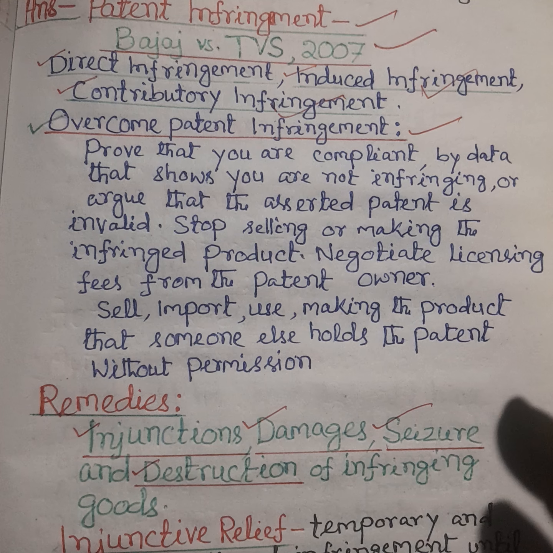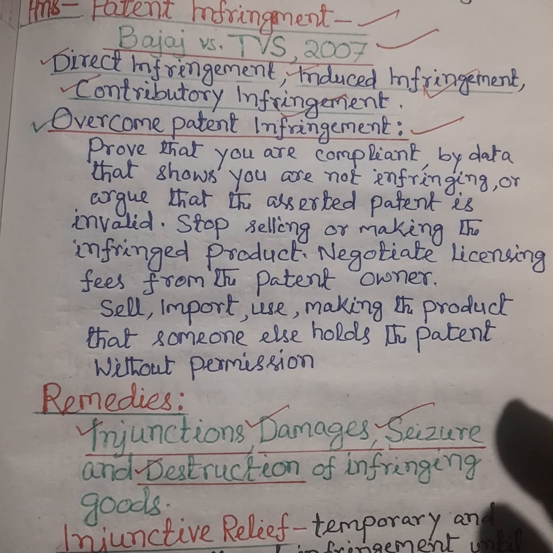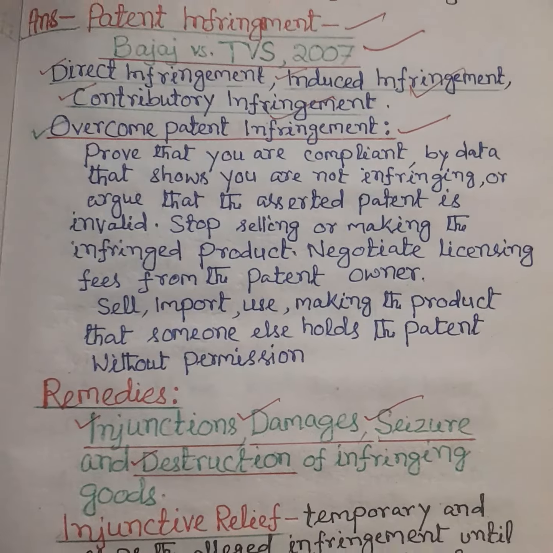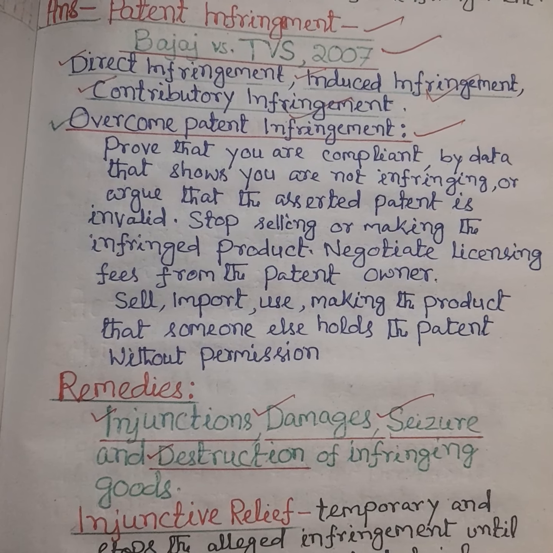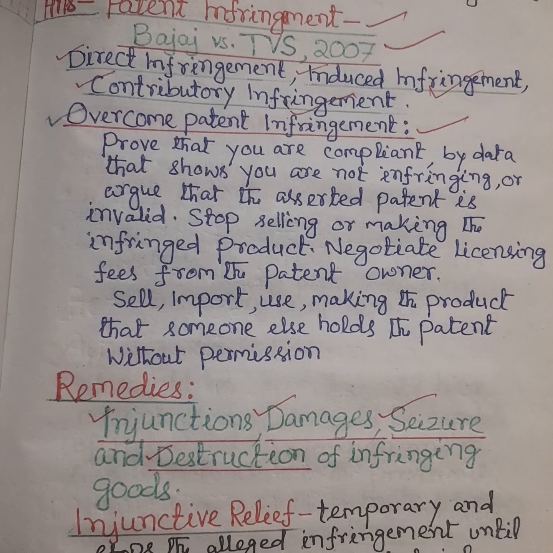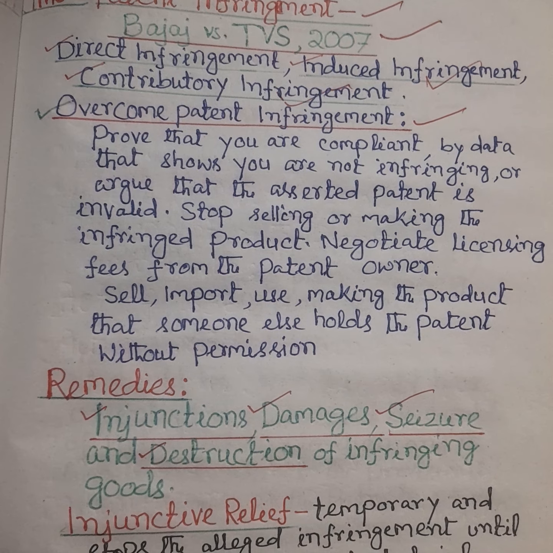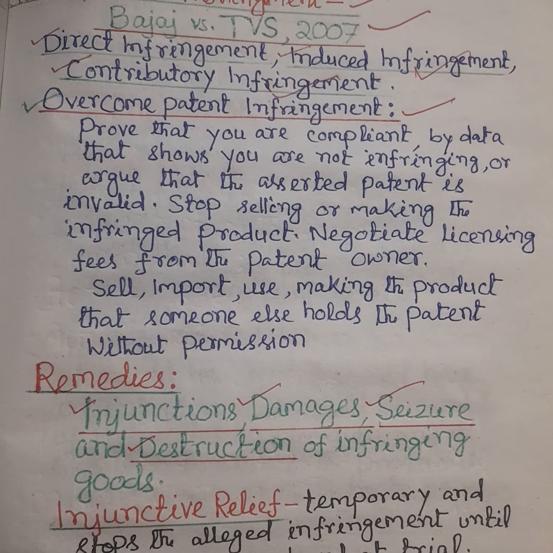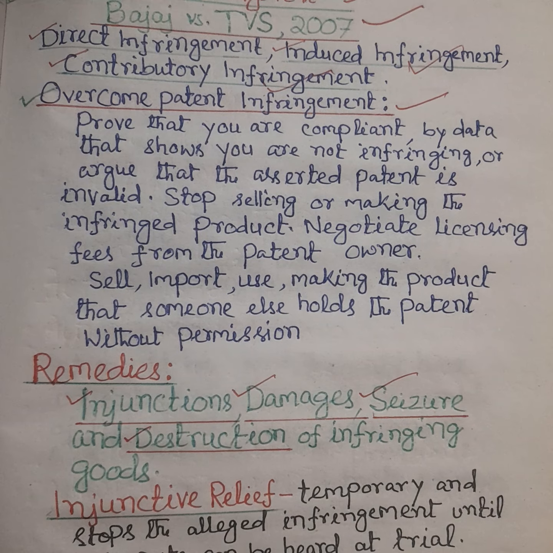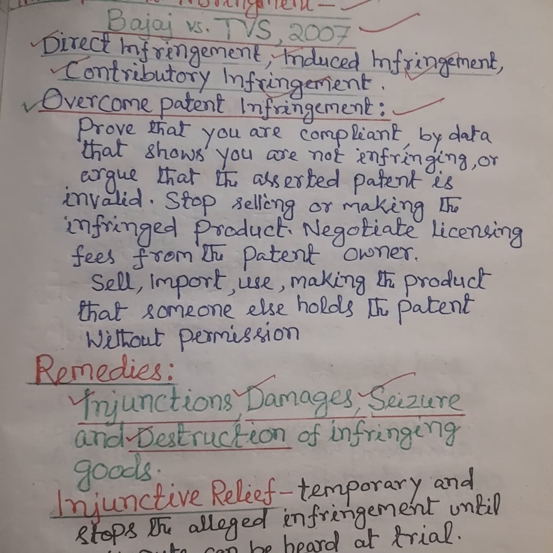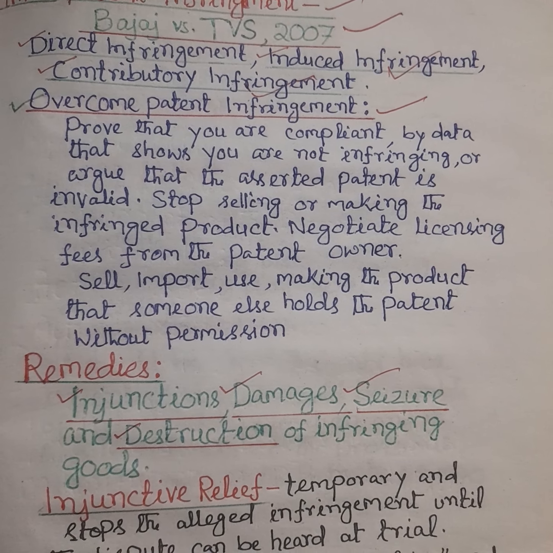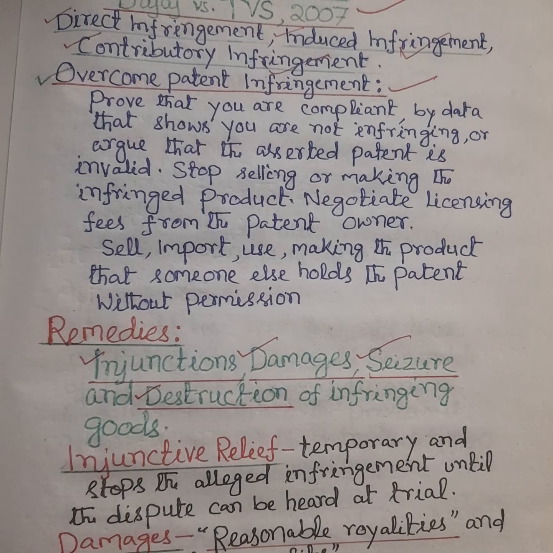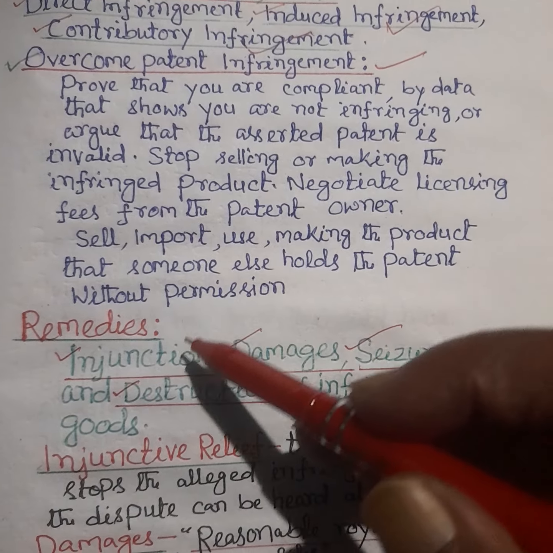As we discussed, it could be direct infringement, indirect or induced infringement, or contributory infringement, and later we discussed overcoming patent infringement and in what circumstances such infringement would be considered as overcome, and then the remedies.